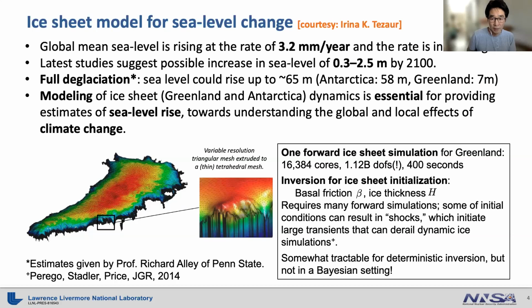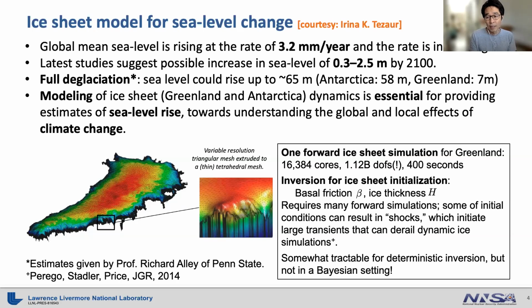For example, this ice sheet simulation for Greenland takes 16,000 cores and 1 billion degrees of freedom, and takes 400 seconds for one time step. Typically you will want to run the model for decades and centuries, and there is a pretty restrictive CFL condition. So imagine how expensive it would be for one full-order simulation.